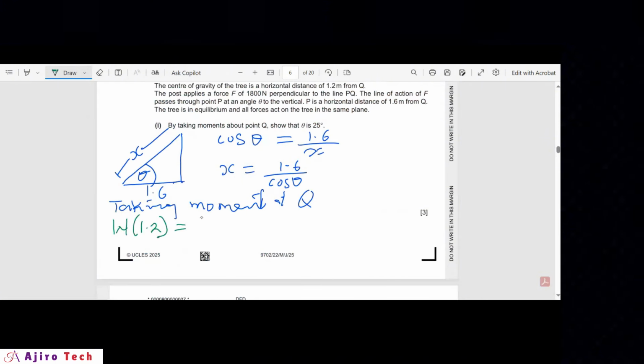Now we have that F, the distance is 1.6 over cos theta.